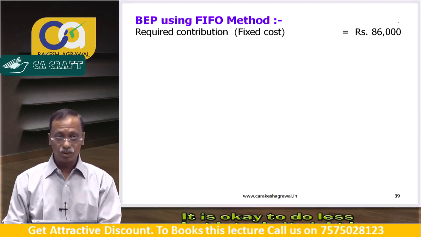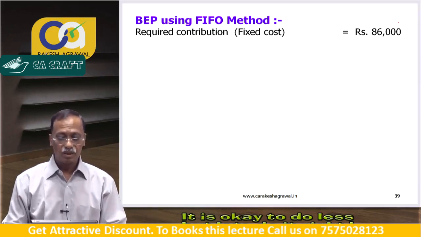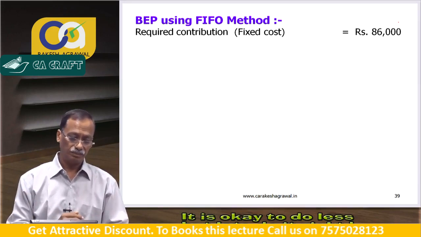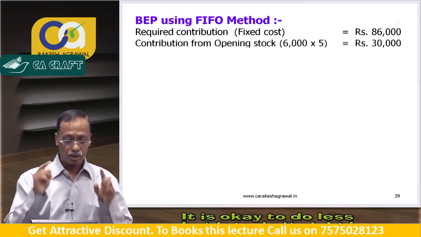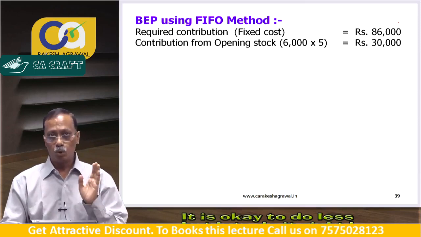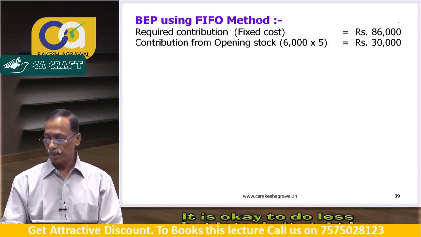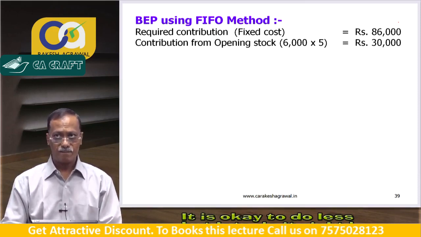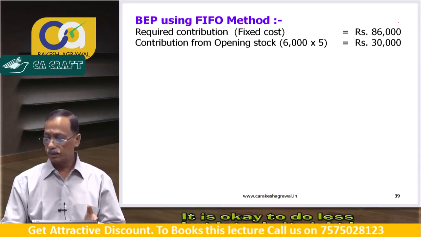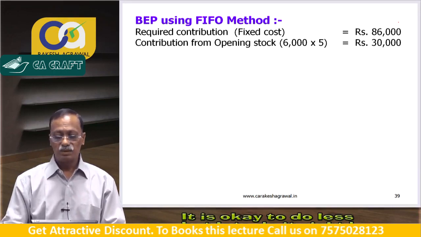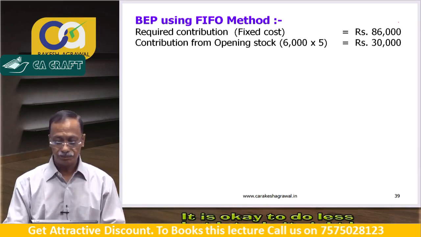Required contribution or your desired contribution, that is fixed cost, is 86,000, less contribution from opening stock, that is 6,000 units into rupees 5 per unit, that is 30,000.